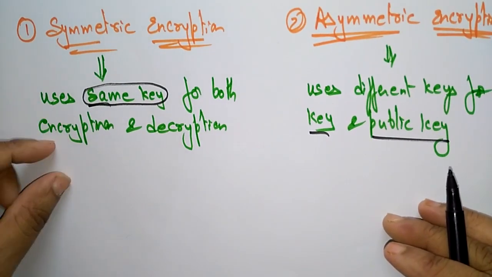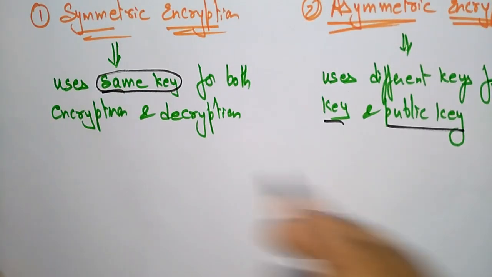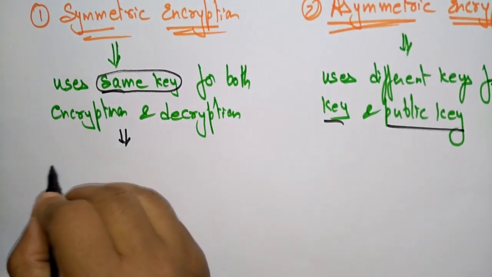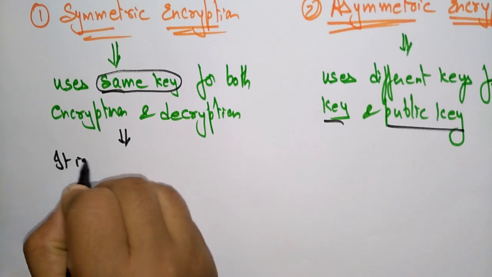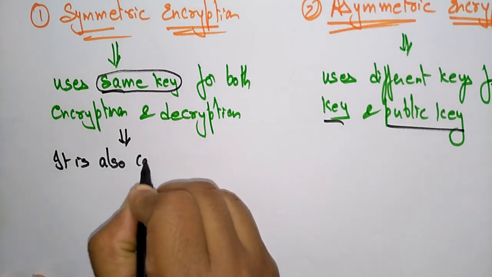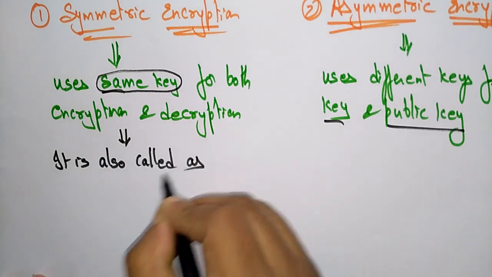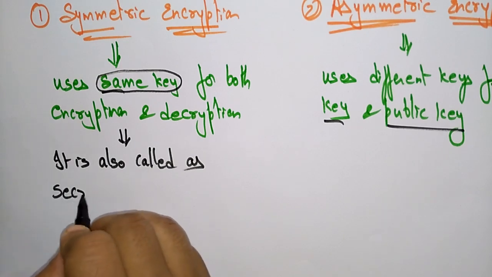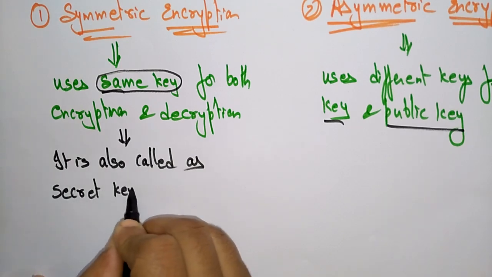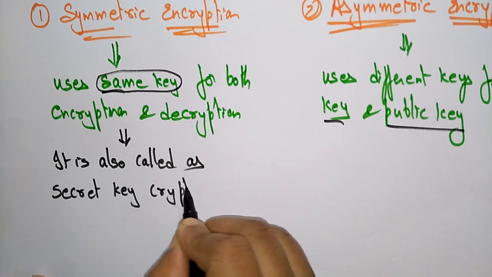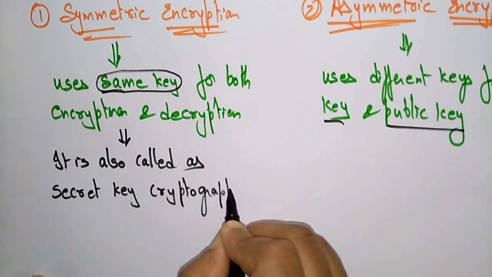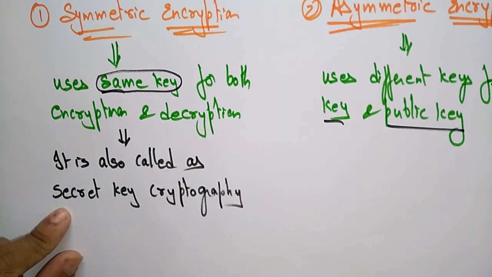Symmetric encryption is also called secret key cryptography. Secret key means only one key we are using.